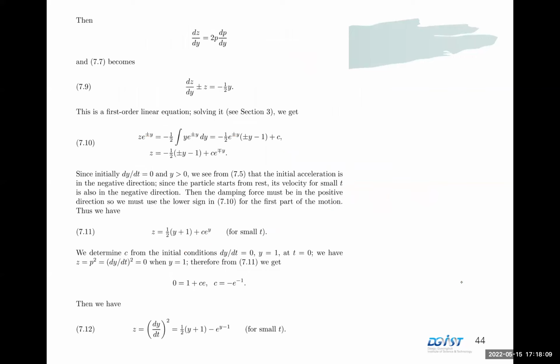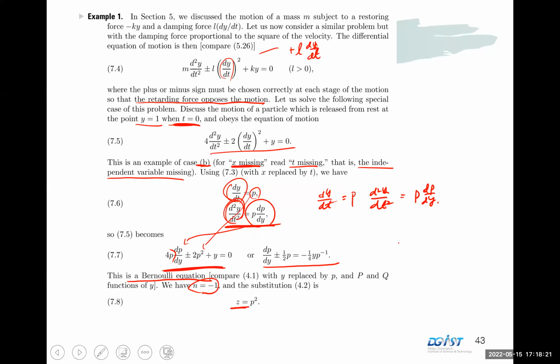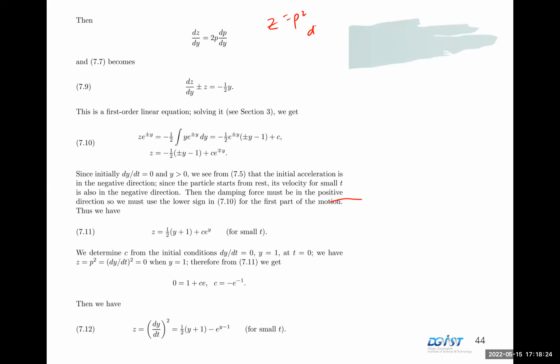Then using this relation, g is p square, so if we take the derivative with respect to y, dg dy is 2p dp dy. So for the given equation, we have this form, and this is a first order linear differential equation with respect to the dependent variable g and the independent variable y. So we can solve it.